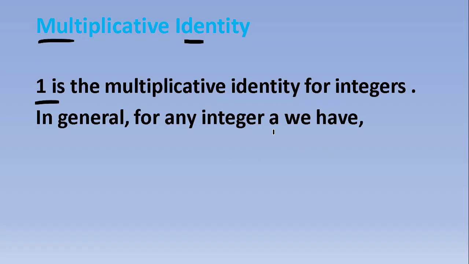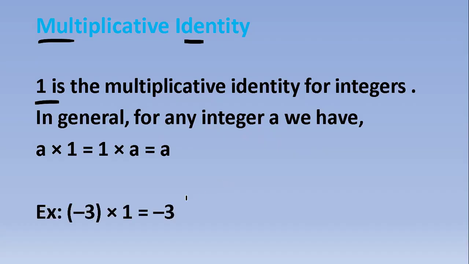In general, for any integer a, we have a into 1 is equal to 1 into a is equal to a. Example, -3 into 1 is equal to -3. That means if we multiply any element with 1, we get that element only. This is the property of multiplicative identity.